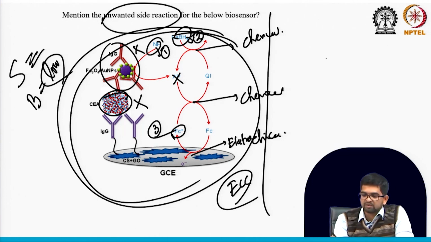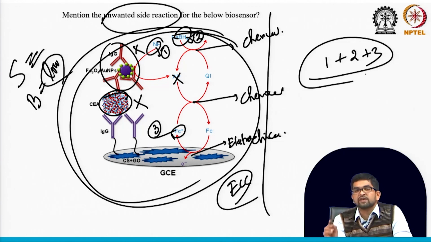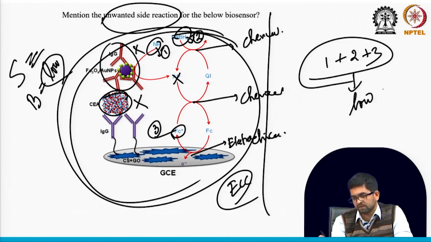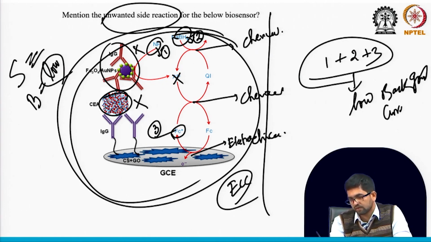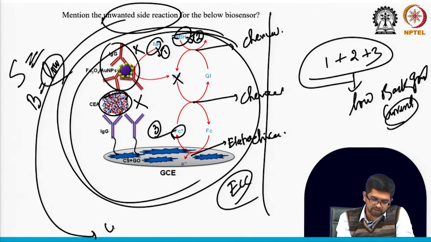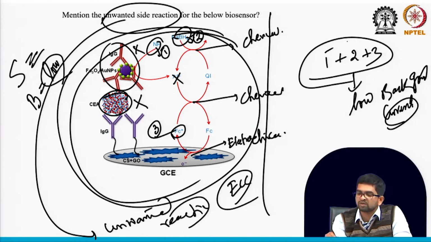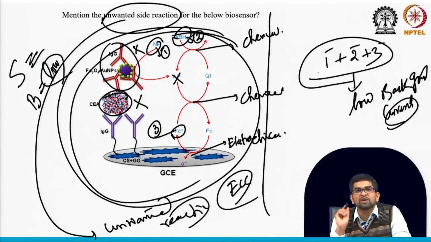So, these 3, 1 plus 2 plus 3, should not react very fast with each other, then only you will get the low background current. And if they react, then that is the unwanted reaction. You do not want these 1, 2, 3 to react, that is the unwanted reaction, right. It should not happen, okay.